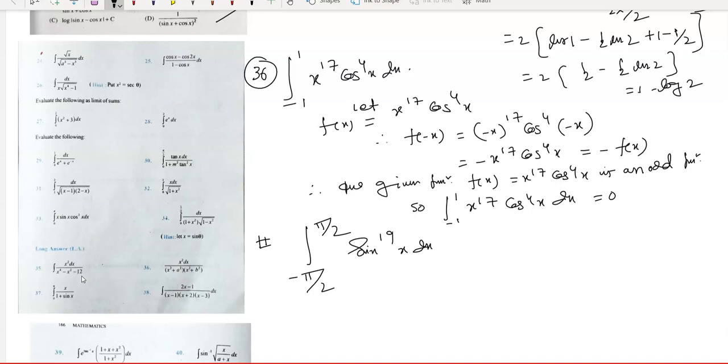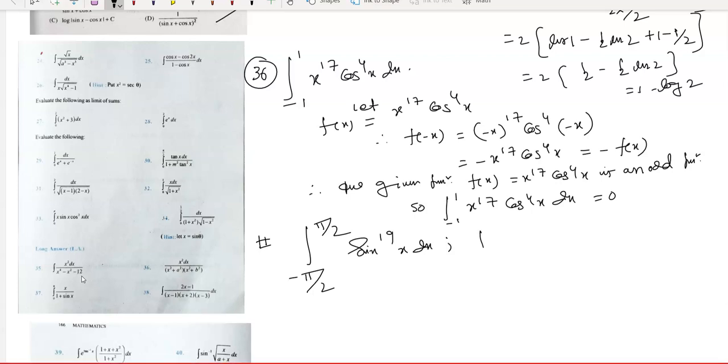If you are asked to evaluate this, maybe 1 or 2 marks are given. There also you will remember such a huge power we cannot calculate in a day. So what you will do there, you will think whether the last property of definite integration helps us or not. That is, the integral from minus a to a of f(x) dx is 0 if it is an odd function.